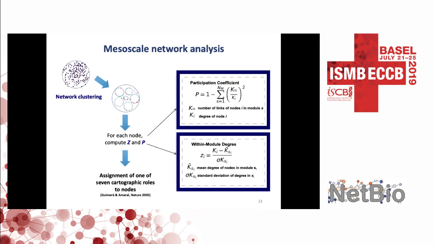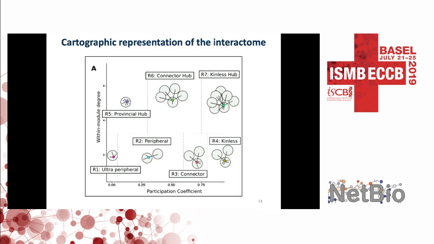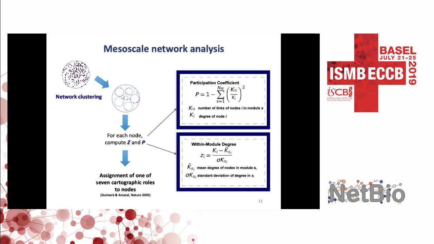Once we compute these two parameters, we can use them as mesoscale network properties, but we can also assign each node according to these parameters what Guimera and Amaral, in a work published in 2005, proposed as cartographic roles.